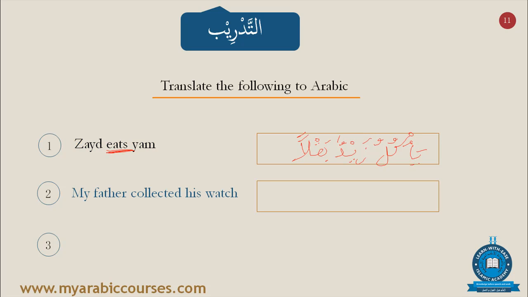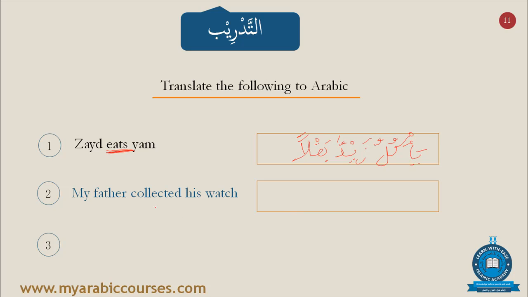The next one. My father collected his watch, or his wristwatch. I give you just 4 seconds to answer that. Yes, let's translate together. أخذ أبي ساعته.